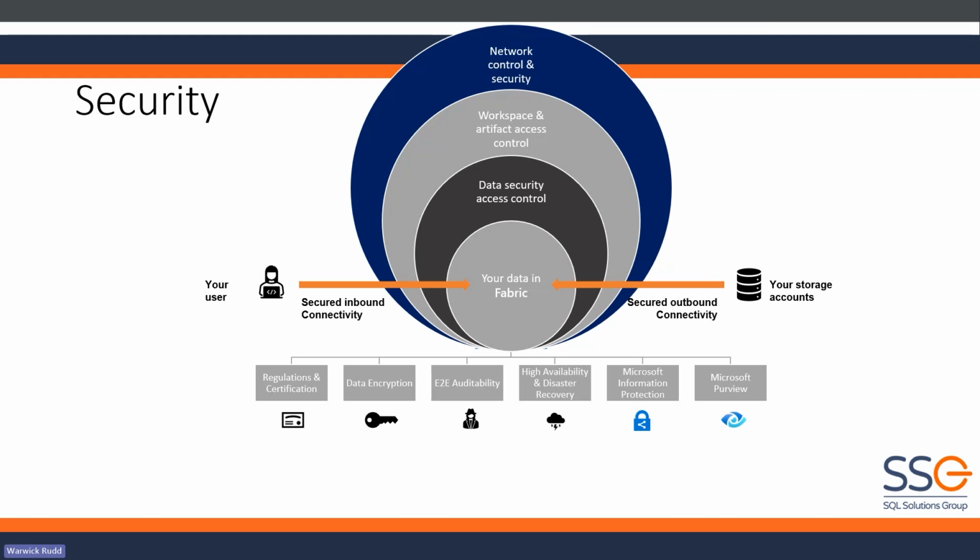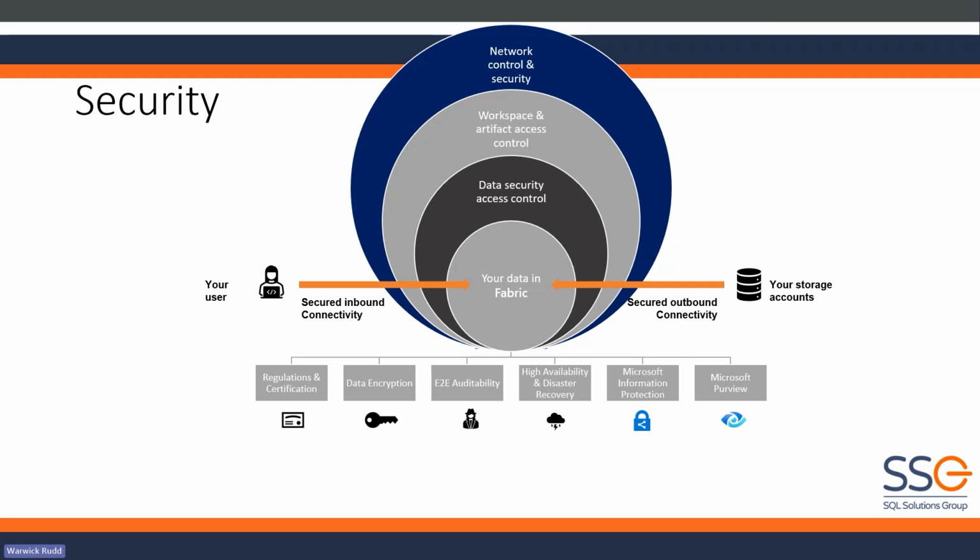Okay, so our network control and security on that outer layer, this is where we have the Entra conditional access, and the private links on when you're signing up, what do you get access to? So that's our first layer of it.